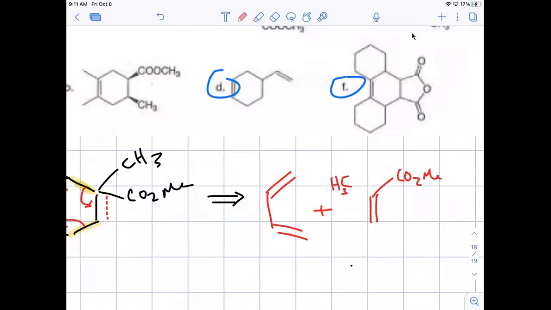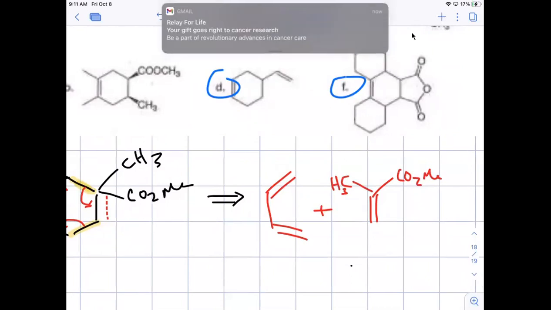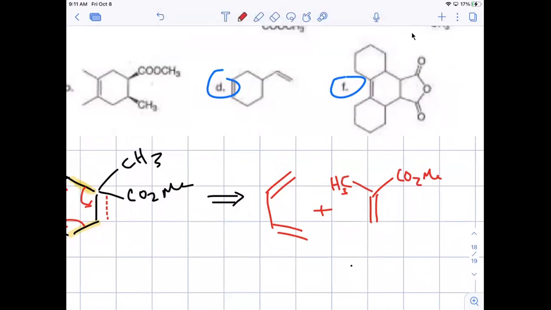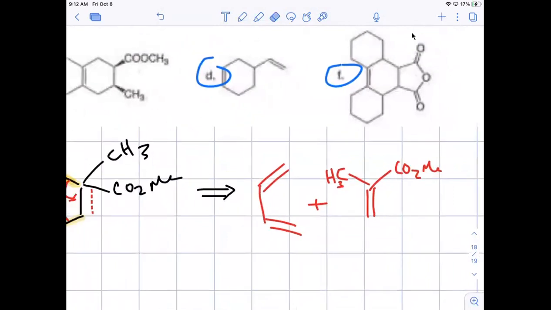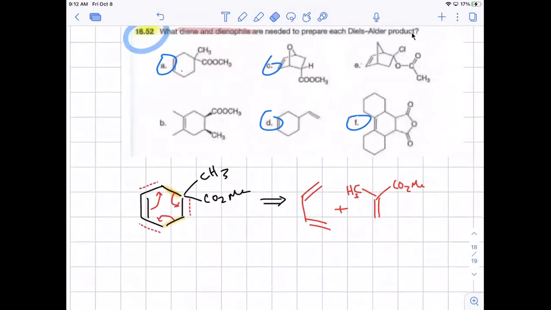Dr. Russell, I'm still confused as to how you get the shapes when you make the dienophile. I can make the diene fine, but when I put the double bonds back in, the shape of the whole dienophile comes out differently.